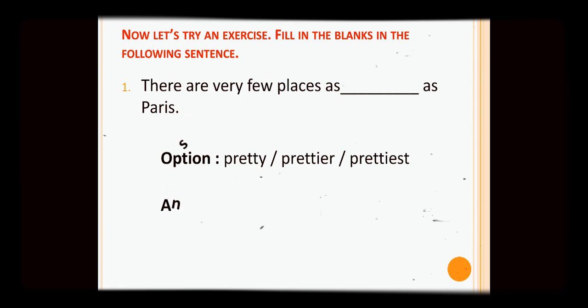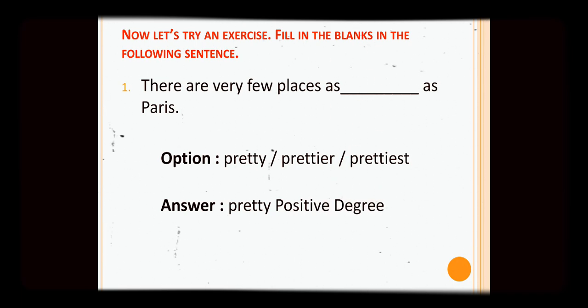Here in this statement, you need to observe very keenly that in the above sentence you find two as and in between you will find an adjective. As, pretty, as. So here, if there is an as used in a statement, that statement can be considered as positive degree. So in positive degree, adjective will be pretty.